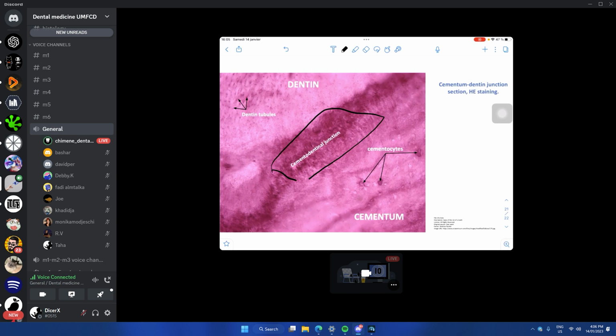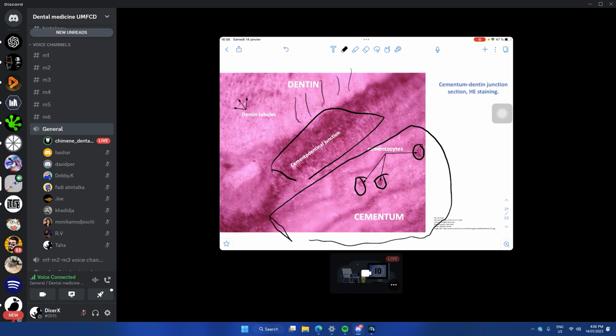Okay, and if you have some presence of cementocytes, please tell your professor about it, and try not to forget about the general shape of the cementum. The dentin is a little bit more fibrous.